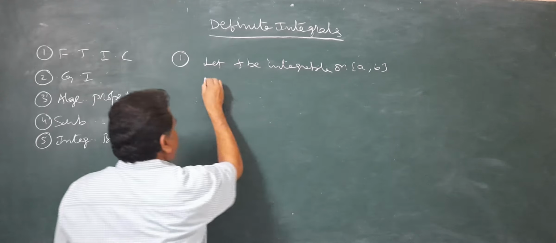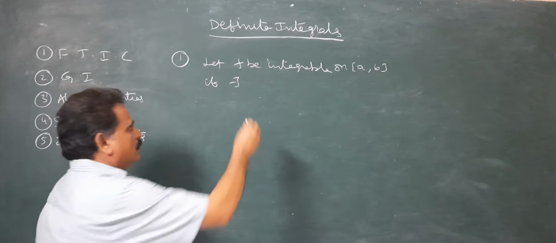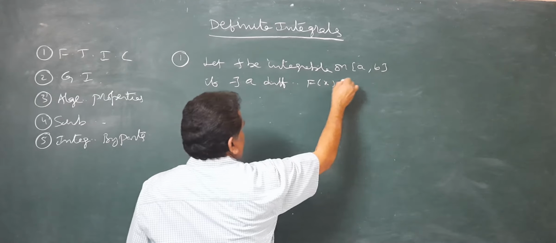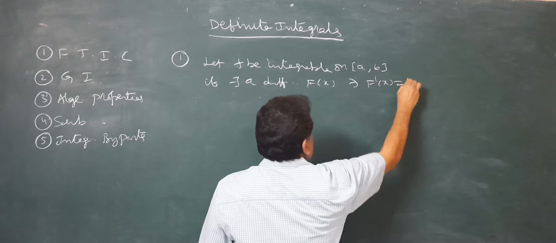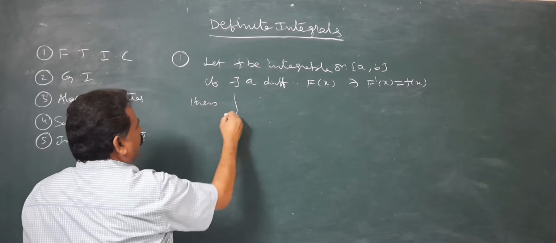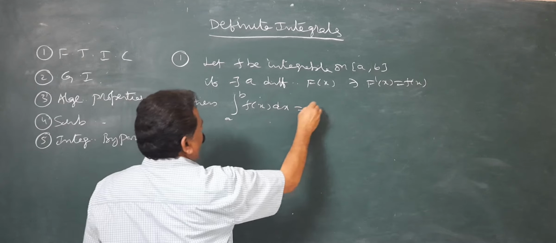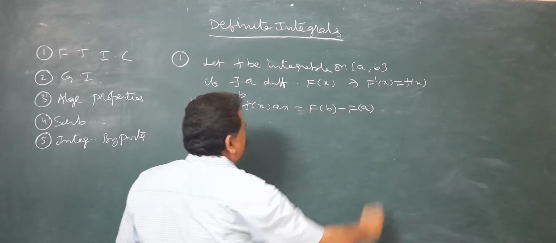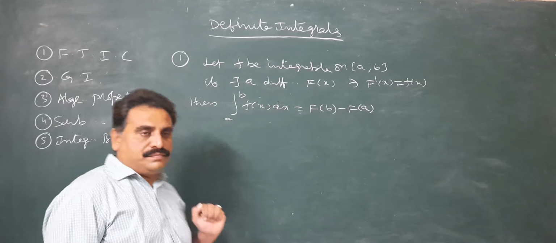If there exists a differentiable function capital F of x such that F dash x equals small f of x, then the integral from a to b of small f of x dx equals capital F of b minus capital F of a. This is called the fundamental theorem of integral calculus.